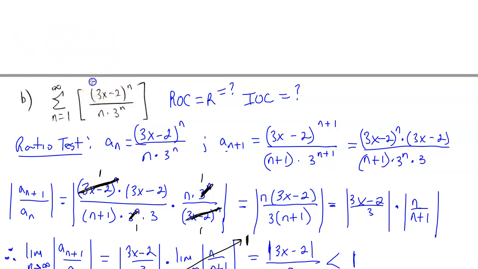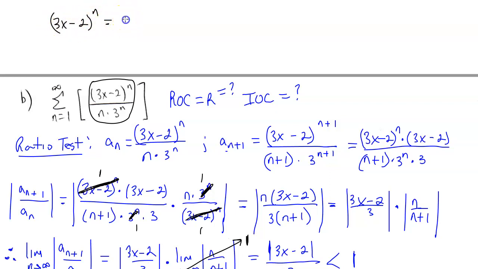So if we come and look at what we have here, notice that this (3x minus 2) raised to the n, if I wanted to, I could factor out a 3 out of that, out of this 3x minus 2.